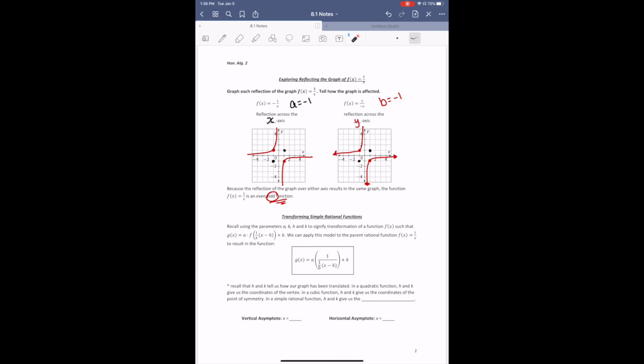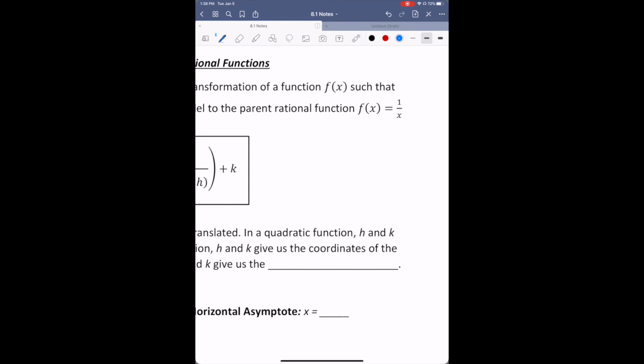In a quadratic function, h and k give us the coordinates of the vertex. In cubic functions, h and k give us the coordinates of the point of symmetry. Now, in a simple rational function, h and k give us the asymptotes. So it's going to be a little bit simple for us to identify these asymptotes.